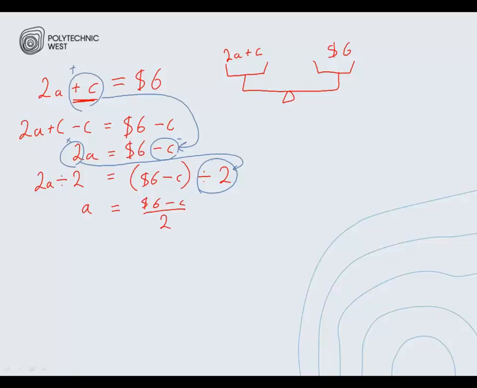So plus becomes minus, multiply becomes divide, divide becomes multiply, minus becomes plus. Not only that, but squares become square roots. Whatever it's doing on one side, you can shove it to the other side of the equal sign and make it do the opposite thing.